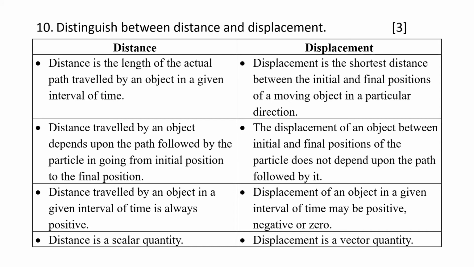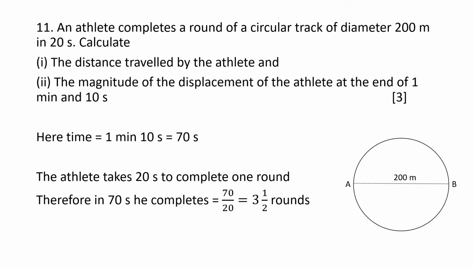And now we go to the last question, which was a really good question of 3 marks. What was the question? An athlete completes a round of a circular track of diameter 200 meter in 20 seconds. So the athlete is running. You can see the diagram. The diameter is 200 meter. The athlete is running around the circular track. Now he covers one round in 20 seconds.